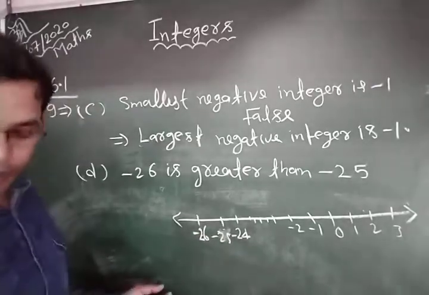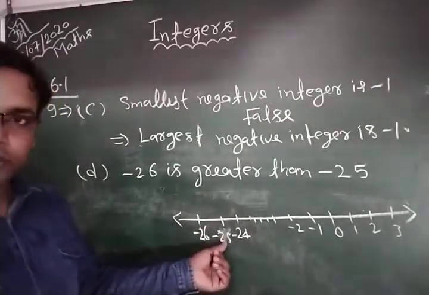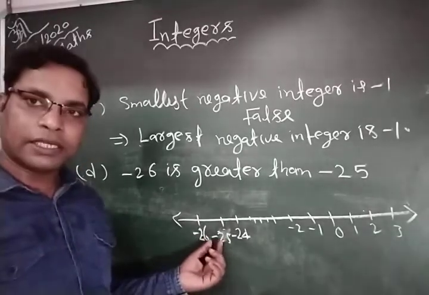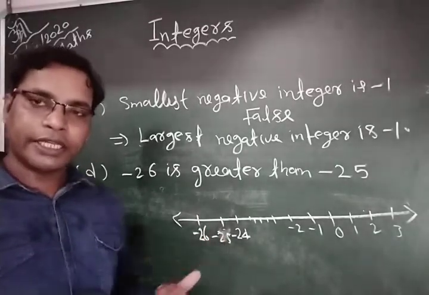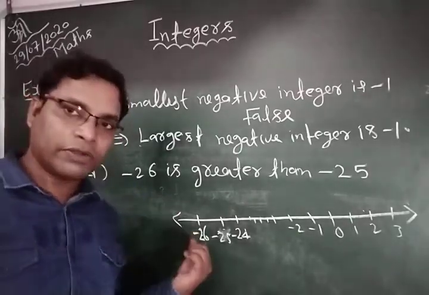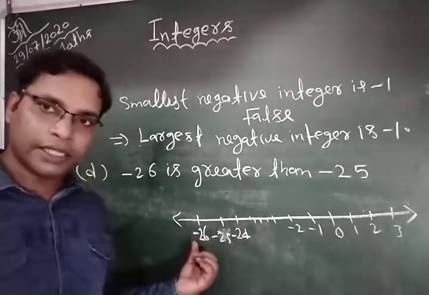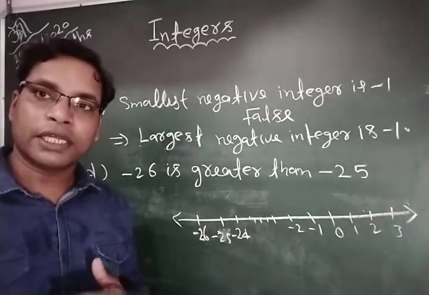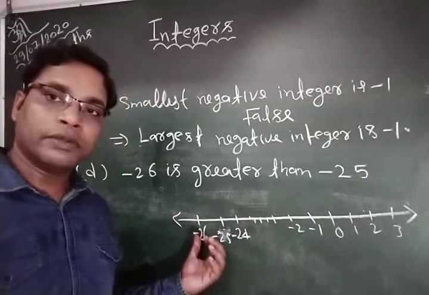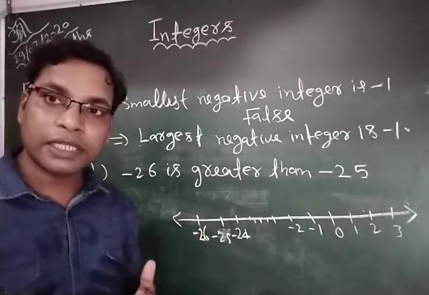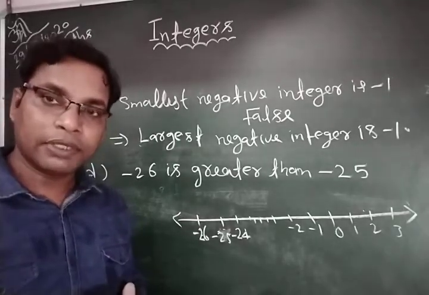So minus 25 is to the right of minus 26. It means minus 25 is greater than minus 26, because on the number line minus 25 is right of minus 26. So you can say every right number is greater than every left number.